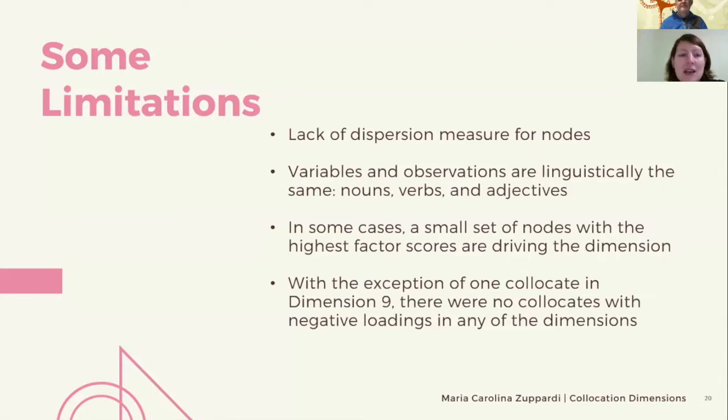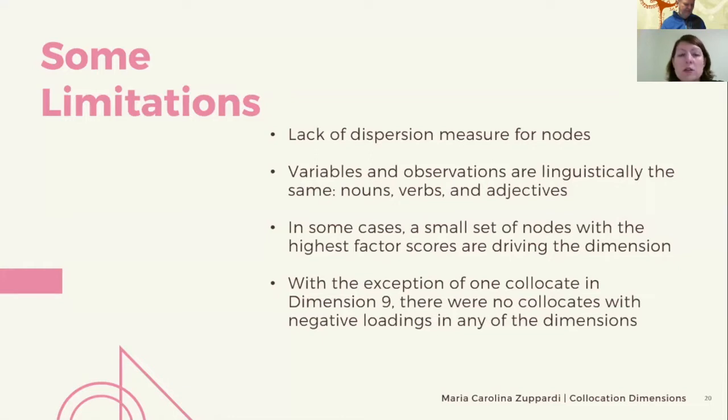And in this case, they are linguistically the same. They are nouns, verbs, and adjectives. As you've seen, especially dimensions 5 and 7 that I've shown, the same verbs that were nodes in dimension 5 were collocates in dimension 7, right?